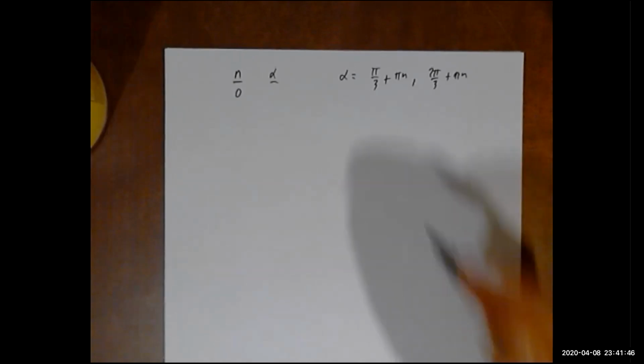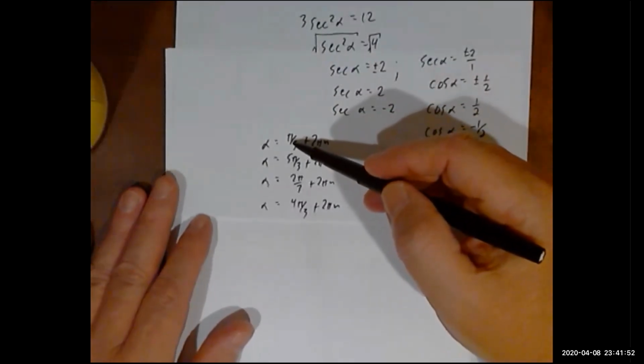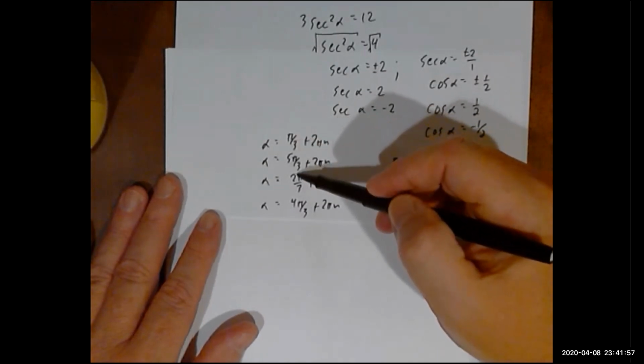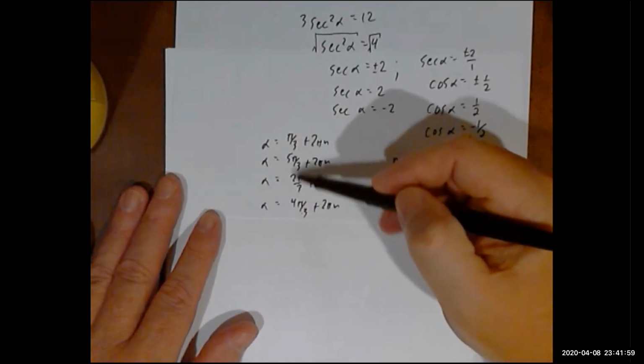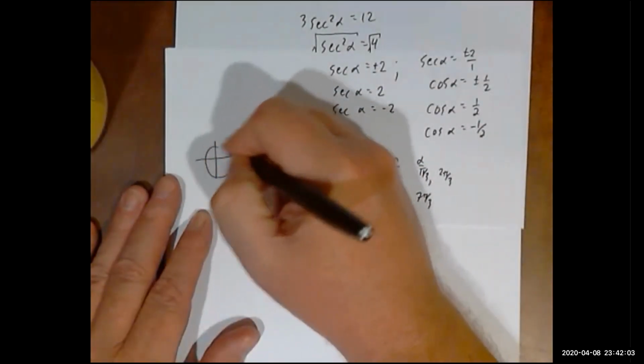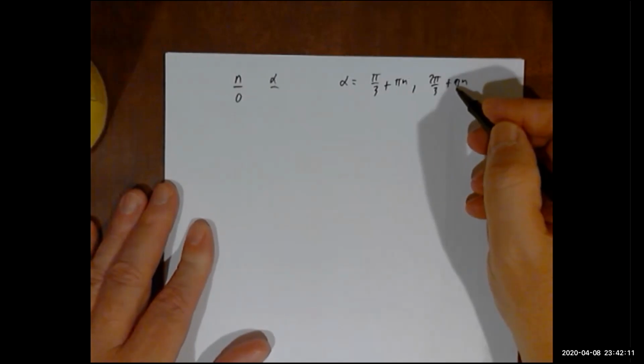So here's what I think might be the correct solution. Here's what I'm looking for: if you think about it, it's all the denominator of 3. Pi over 3, 2 pi over 3, 4 pi over 3, 5 pi over 3. All 4 of them in the unit circle are solutions.